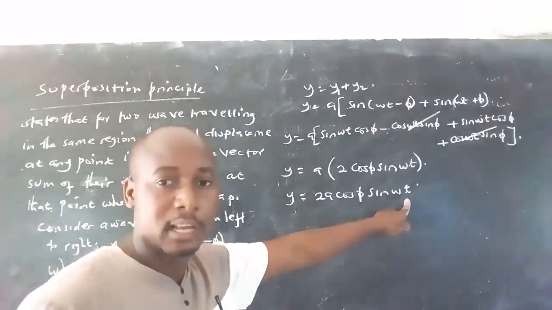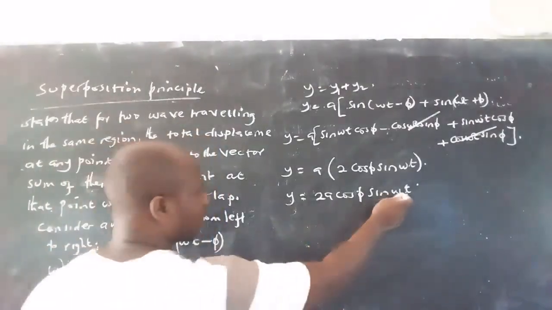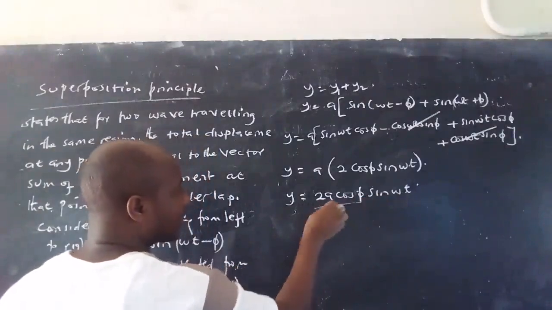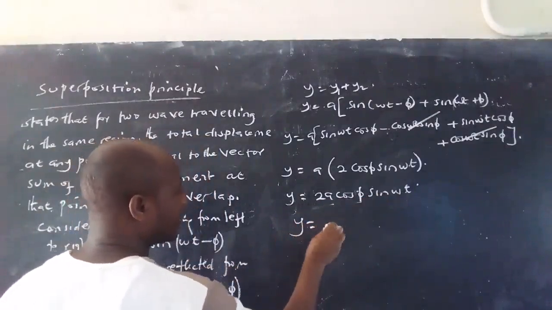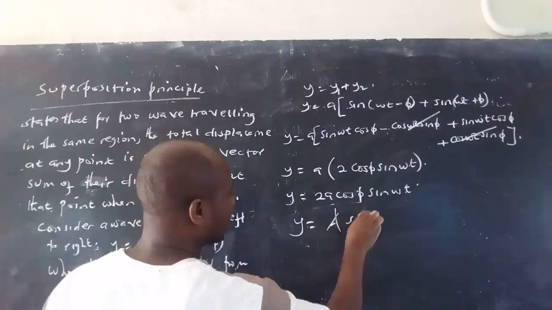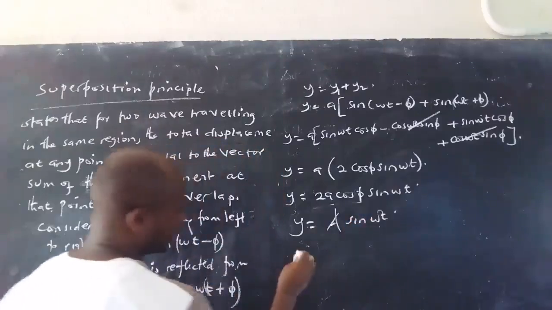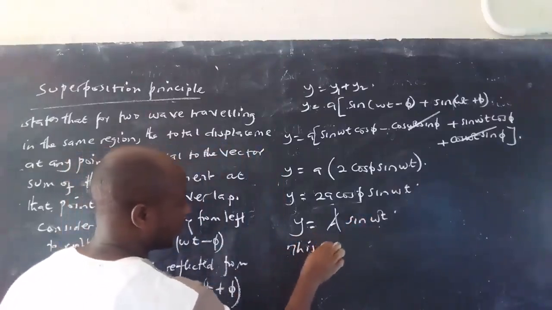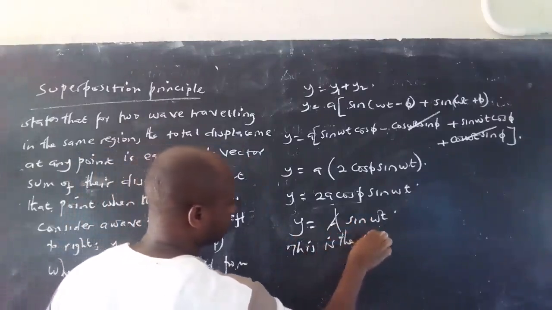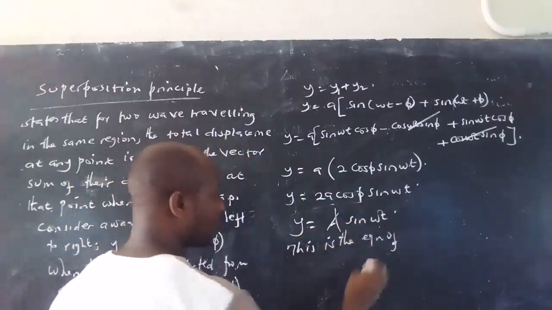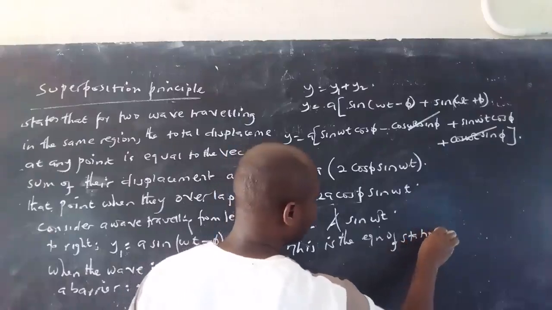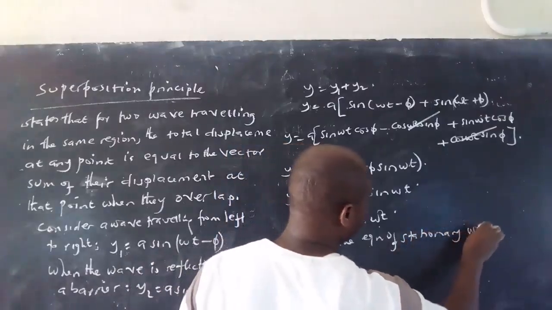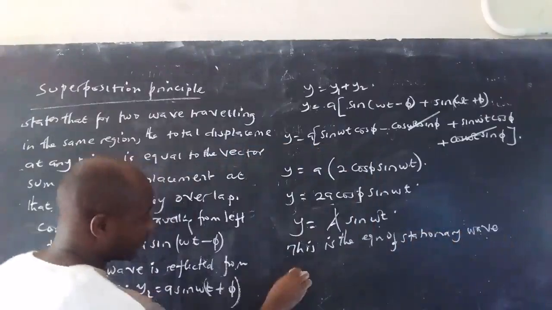Since 2A cos phi is a constant, we replace it with A. This is the equation of a stationary standing wave.